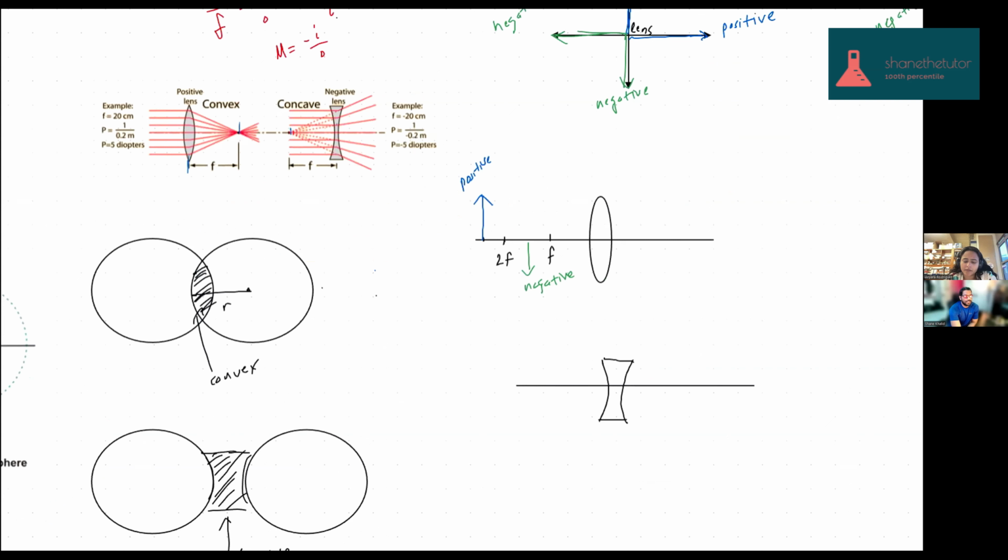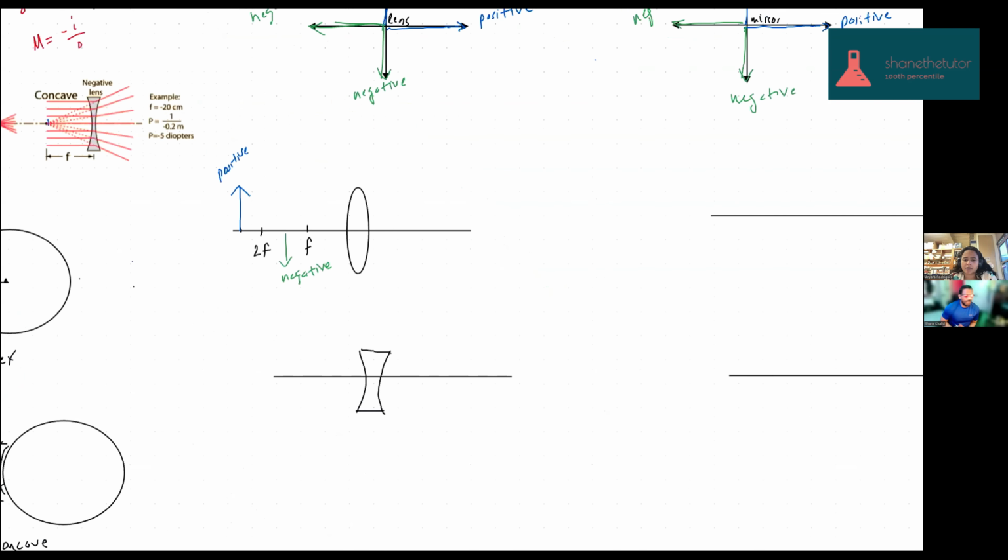When it comes to the mirror, since a lens involves light going through it and coming out the other side, it makes sense to draw lenses completely. The convex one is a complete shape, and the diverging, concave one is a complete shape.